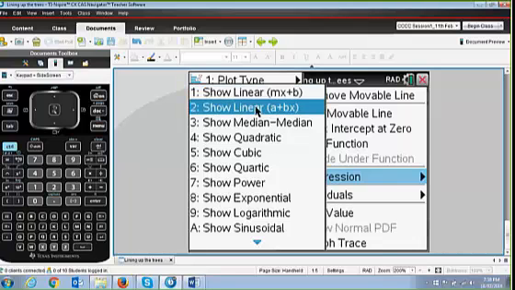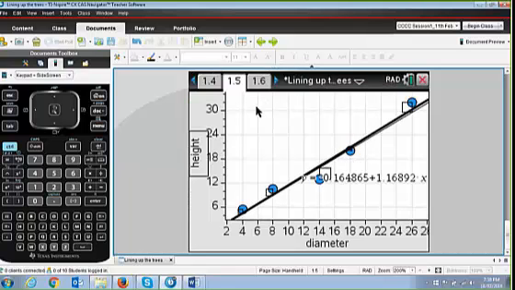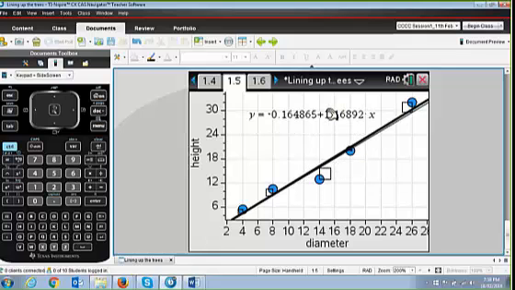Let's put it in the A plus BX form, because that's what students are going to be looking for. And you notice that the one that's currently highlighted, the black one, is the actual true regression equation. The non-highlighted line was the one that I was fitting using the residual squares and trying to minimize that. So that's not a bad fit.